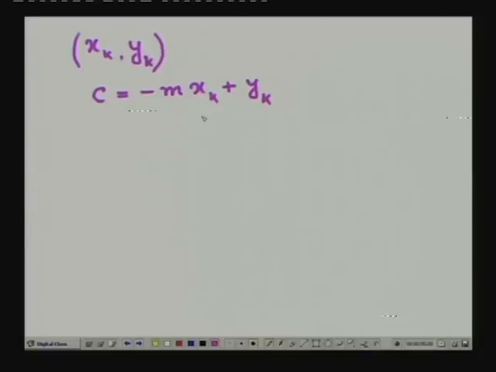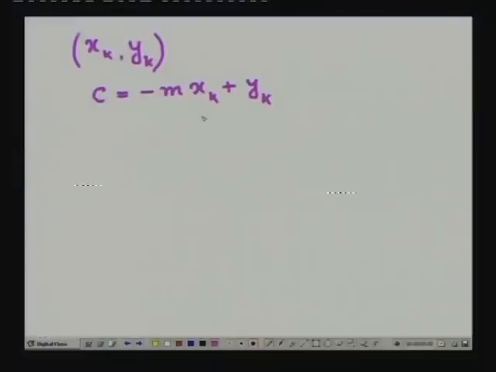Now, the value of c that you get by solving this equation for a specific value of m may be a real number, whereas we have to deal with the discrete case. So, whenever the value of c that we get is not allowed as per our definition of the accumulator cell, then this value of c has to be rounded off to the nearest allowed value of c as specified in the accumulator cell.